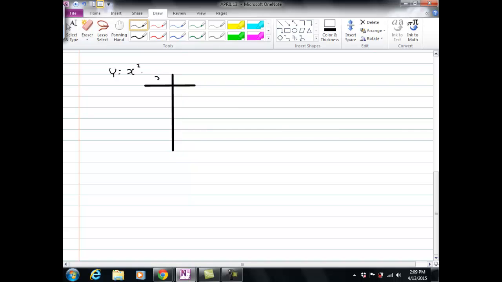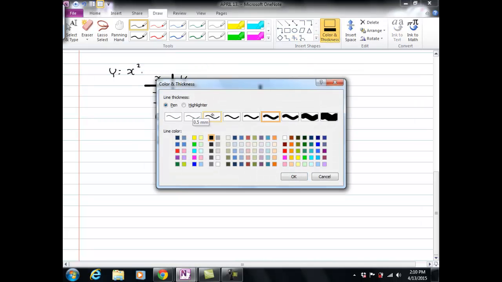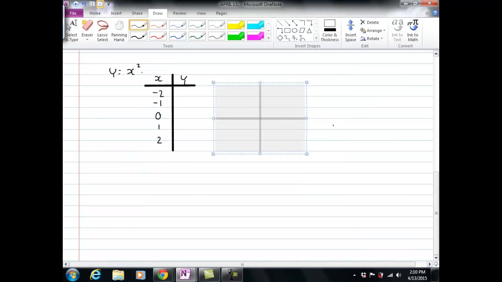Back in the days, x, y, you chose -1, 0, 1, probably -2 here, and 2. You create a table of values and so on, and what you really end up with is a graph that looks something like this.